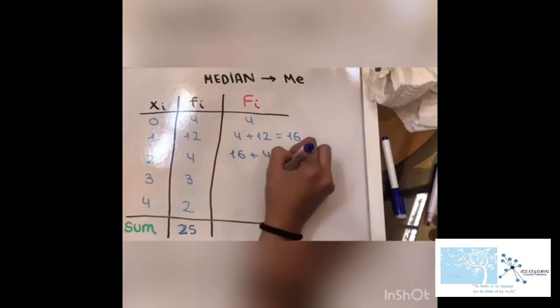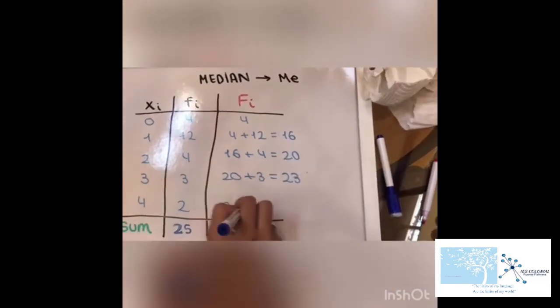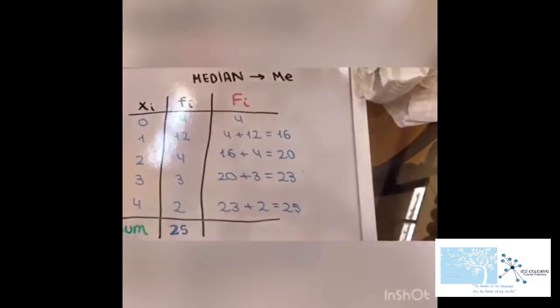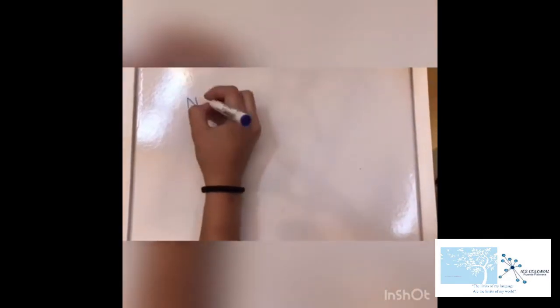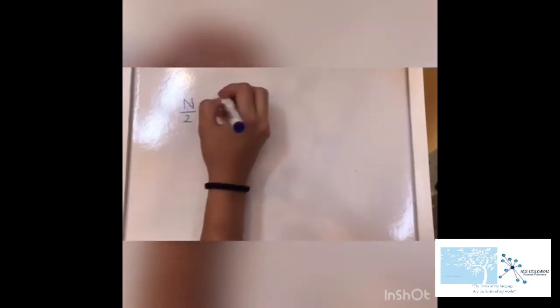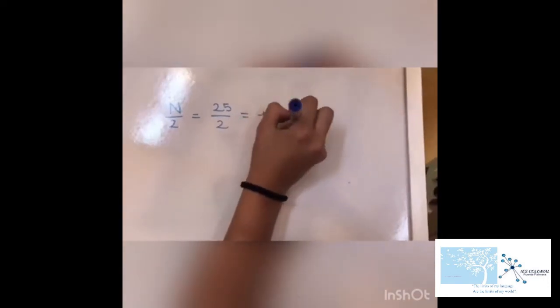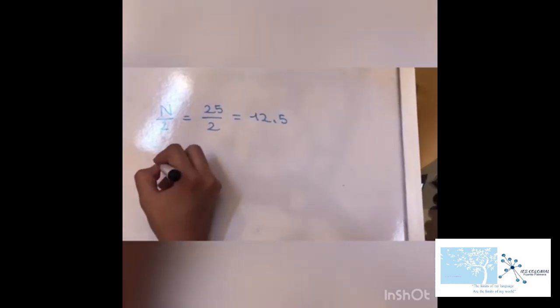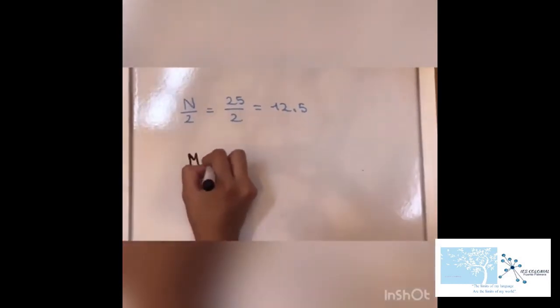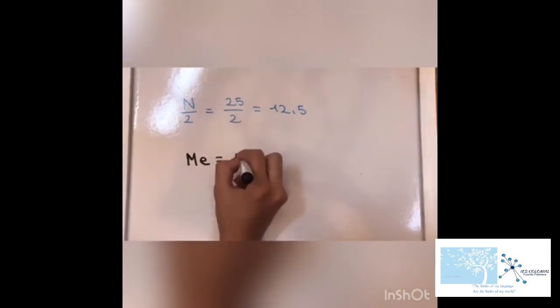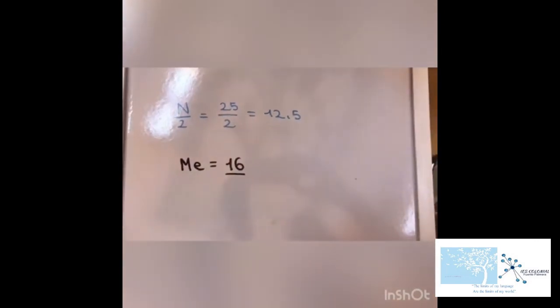Accumulated is adding the previous data. To know if we have done well, check the final number. When this is done, to find the median, the median is the xi whose capital F i exceeds the number given in the previous division. In this case, it will be 1, since 16 is the first number that exceeds 12.5.